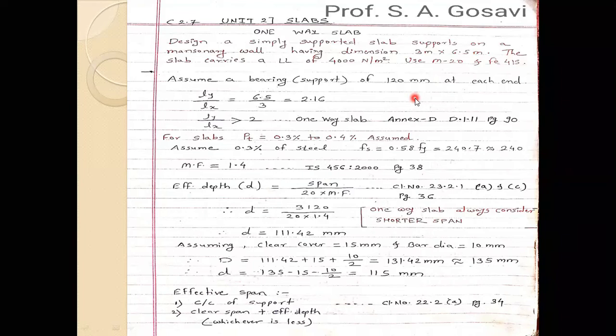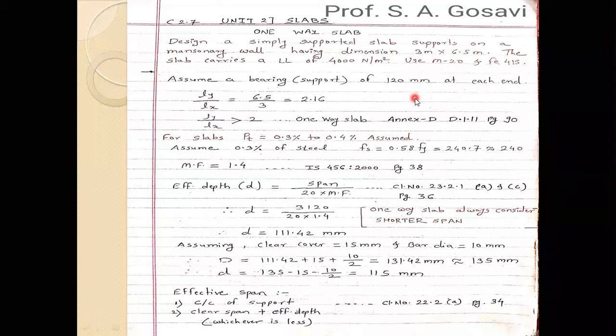It is not a rule and it is also not necessary, but for our convenience we will take it that way. So your shorter span is 3 meter, longer length is 6.5 meter. Then the live load on the slab is given. What is the live load? 4000 Newton per meter square. If you convert it, then it will be 4 kilonewton per meter square.